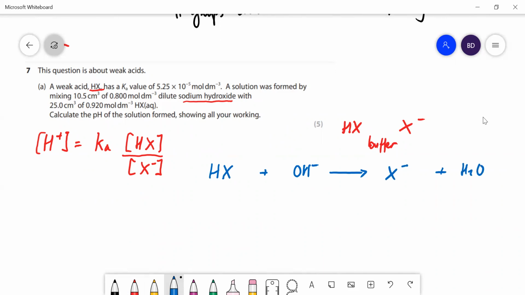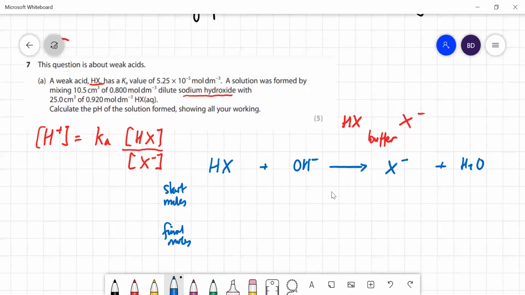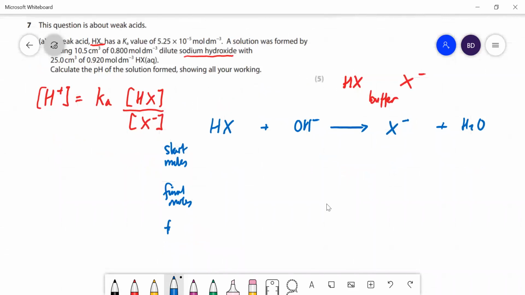I'm going to put down here the start moles of HX and the final moles of HX, and then the final concentration of all of them. Now when we get the final concentration of HX and X minus, we're going to put them into our expression here, and we can work out H plus and work out the pH. Okay, so that's what we're going to do here.